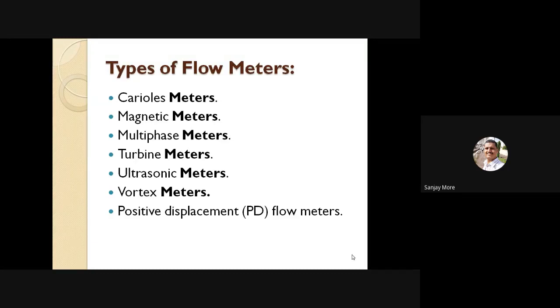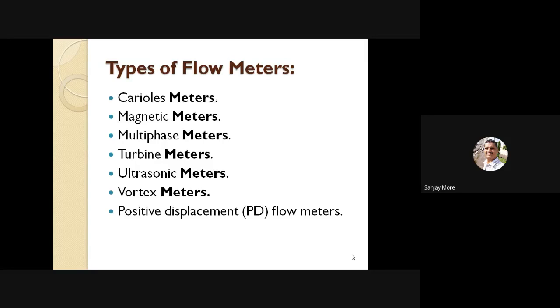In that, write down calorimeters, magnetic meters, multi-phase meters, turbine meters, ultrasonic meters, vortex meters, and the last one is positive displacement, PD flow meters.